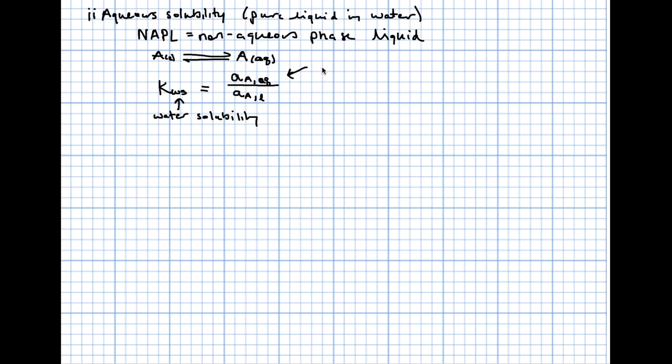So like we've said previously, the activity can be or is equal to just the mass concentration for dilute species, and for pure compounds the activity is just equal to 1.